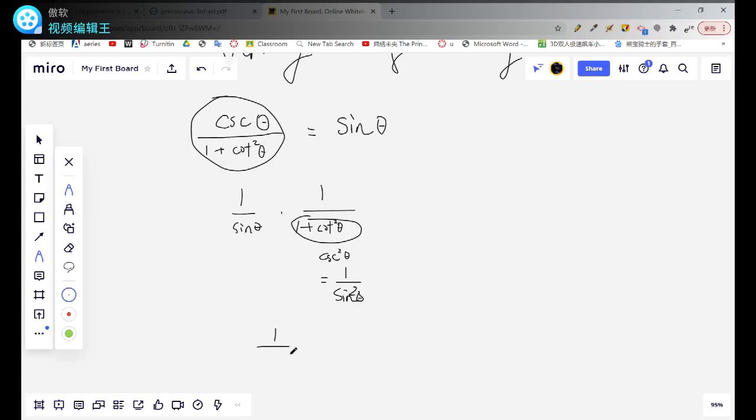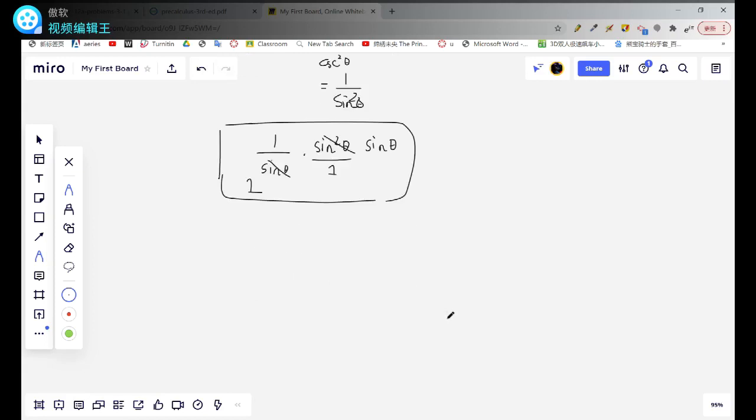So we divide 1 by 1 over sine squared theta, which is basically equal to 1 times sine squared theta. So we have sine theta times sine squared theta over 1, we cancel out, and we get sine theta. And this is how we're gonna prove this, basically.